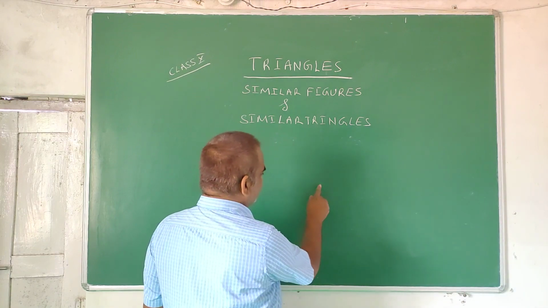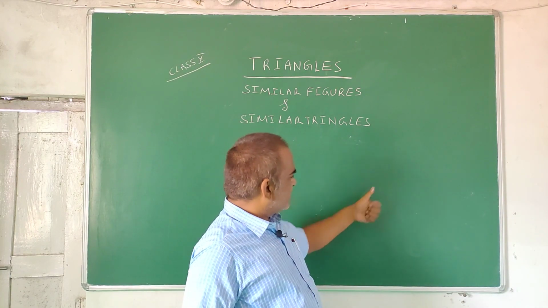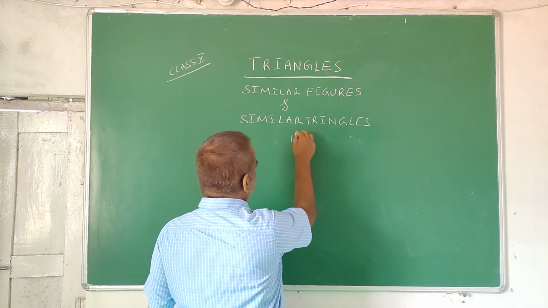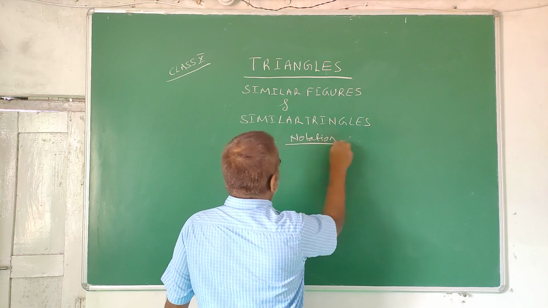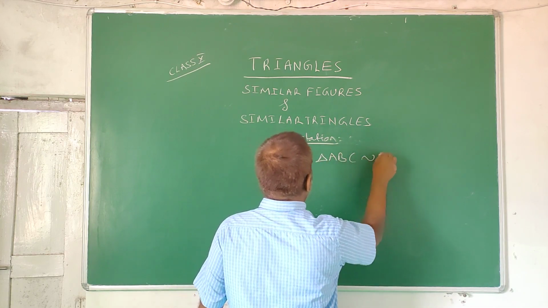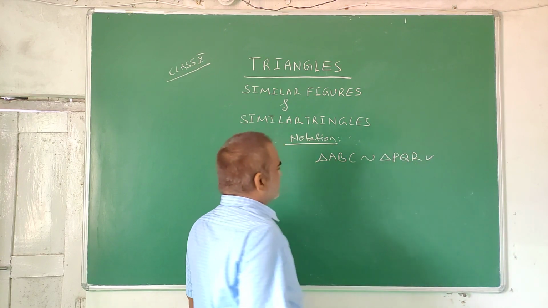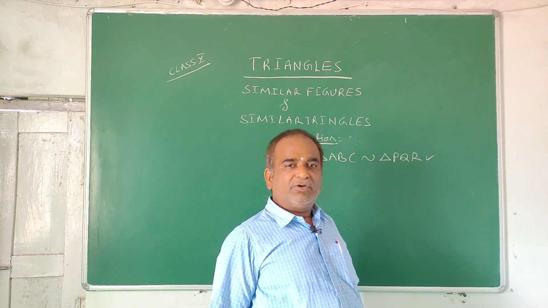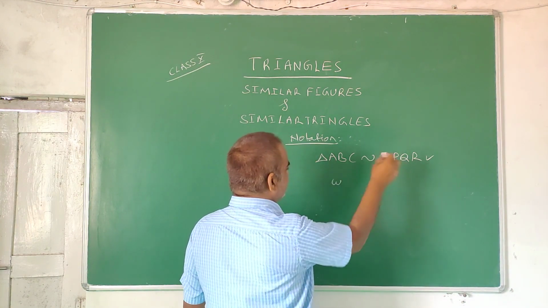See, in the previous context, we said triangle ABC is similar to triangle PQR. In that case, we use the notation triangle ABC is similar to triangle PQR. This is the right notation to express it, but it should not be wrong. This is the right notation.